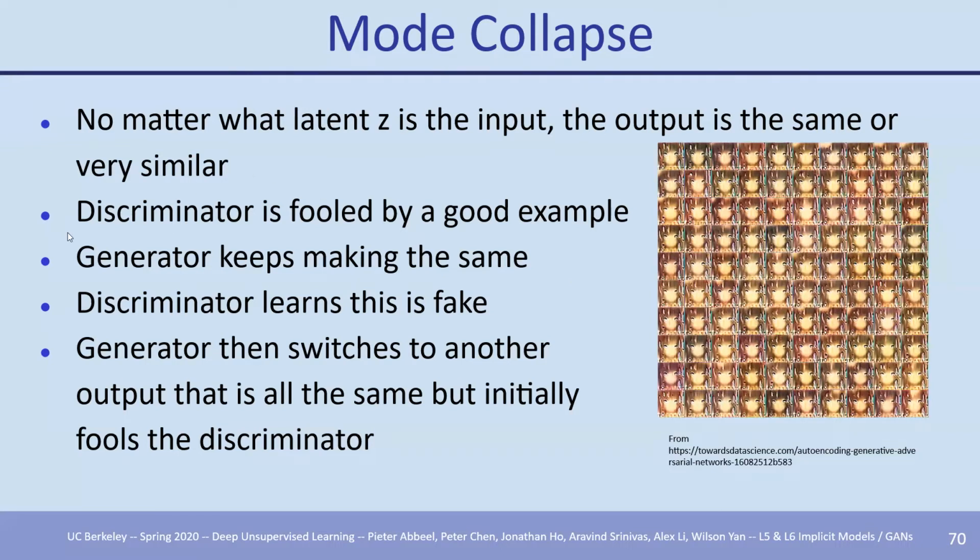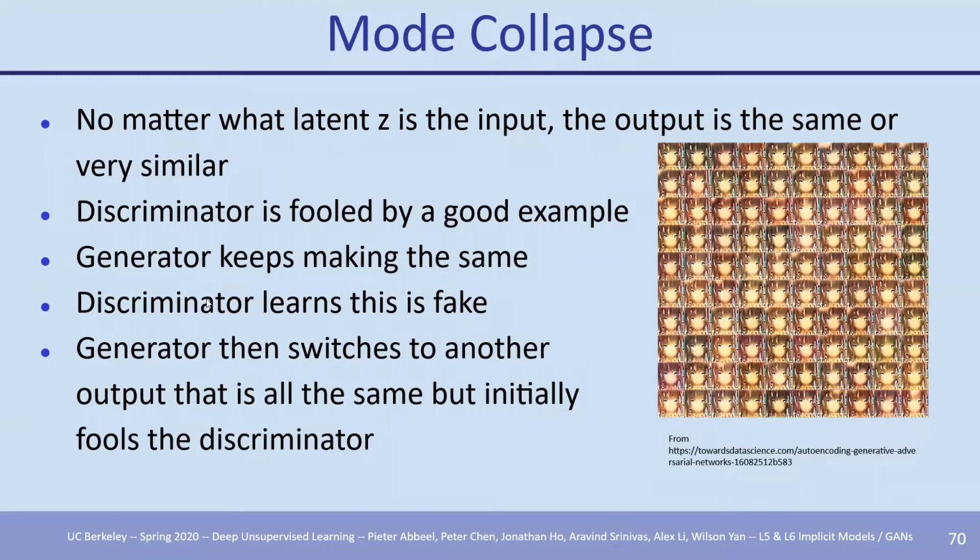So what happens is the discriminator is fooled by one good example, and then the generator just keeps making the same one, because the gradients all point in the same direction for training the generator by the discriminator.